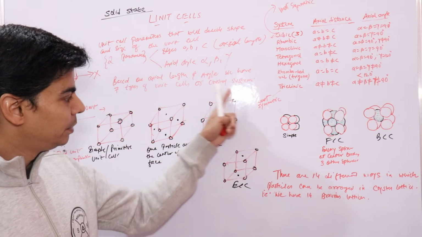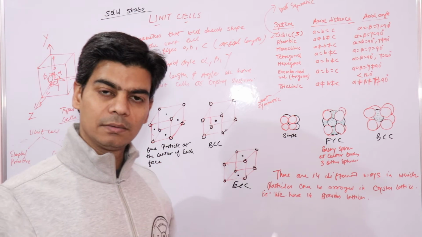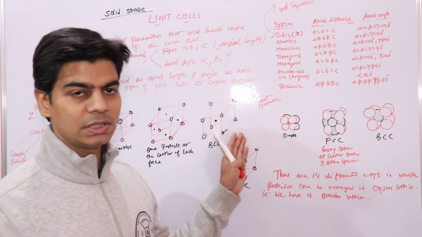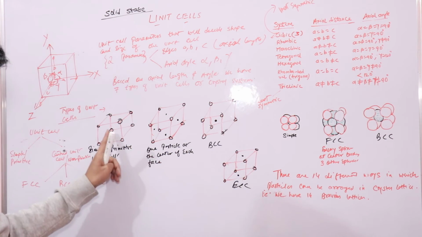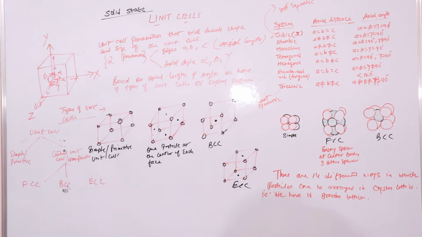Similarly, the body centered cubic unit cell, on repeating in all three dimensions, will give a body centered cubic lattice. So out of 14, 3 belong to the cubic crystal system.